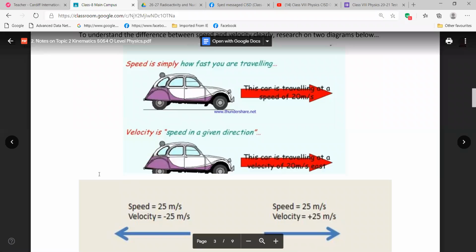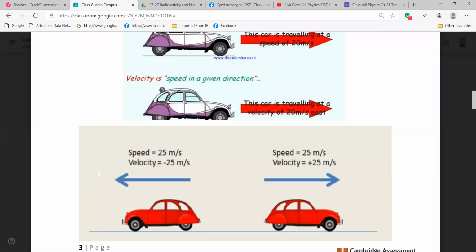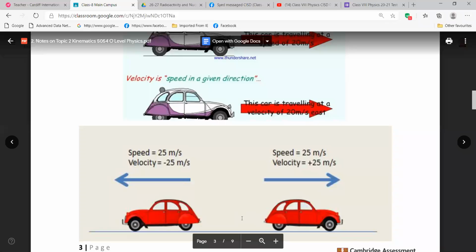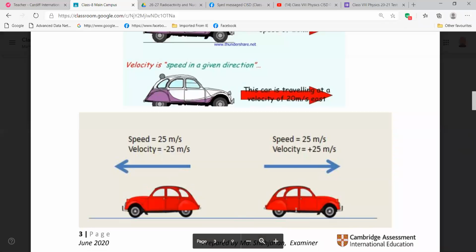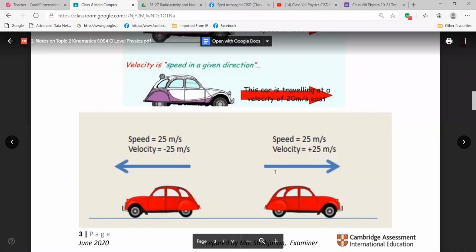Yes, sir. And now again, to understand it better, there is another diagram here. There are two cars going in opposite directions. The first one is the right side one, you see, we have speed 25 meter per second. That is positive.